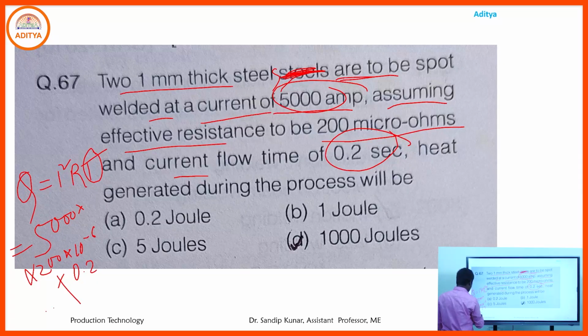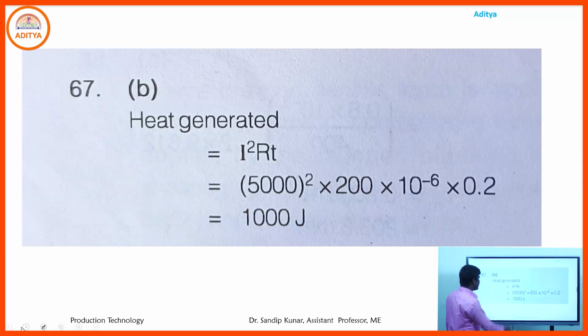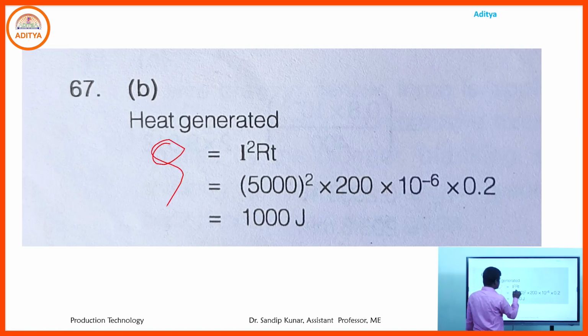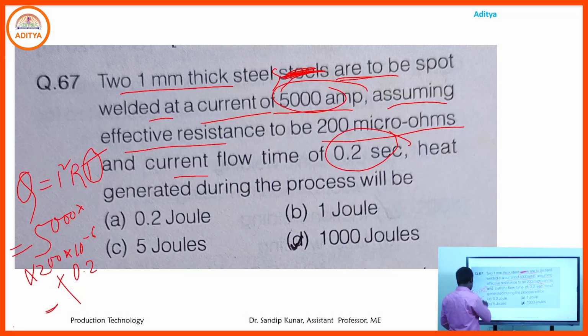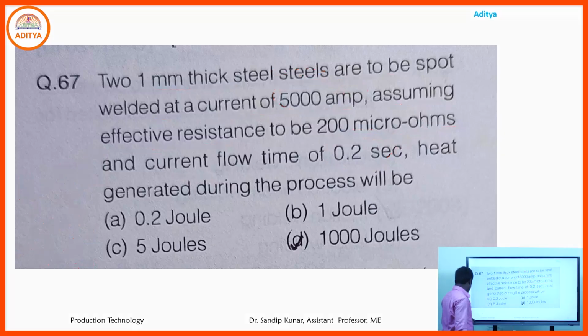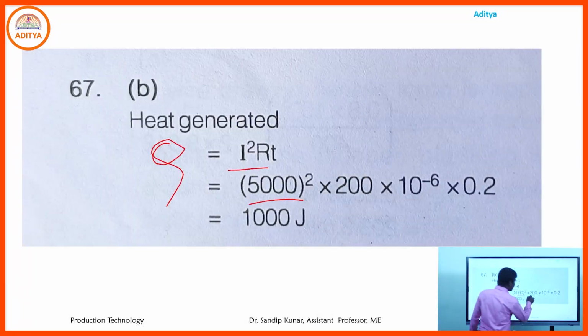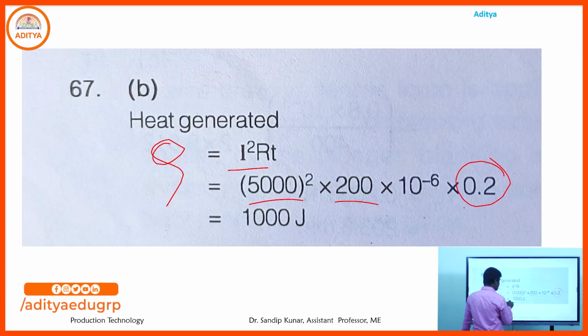After calculation, what will be the generated heat? We put the heat formula Q equals I square RT: 5000 square, then R is 200 into 10 to the minus 6, and T is 0.2. Finally, we have got 1000 joule.